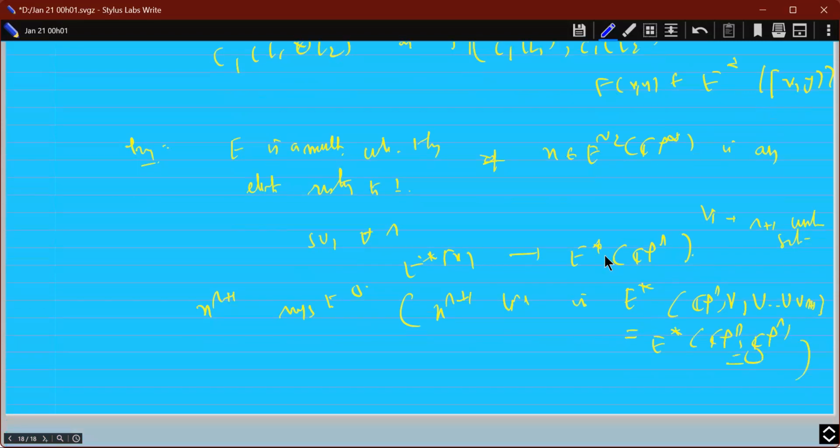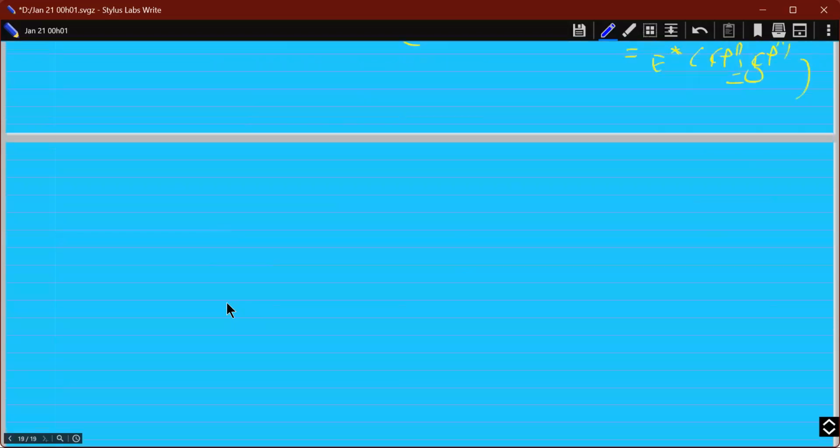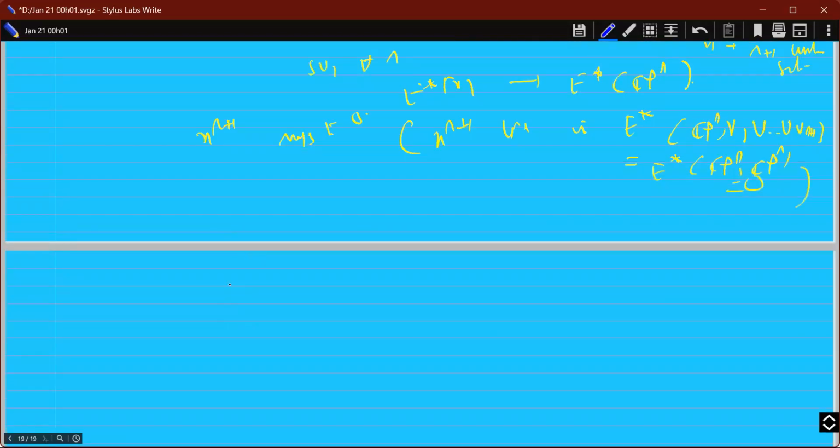Therefore, because of that, we'll have a map. And we can show that this map, in fact, is also an isomorphism. So the proof involves showing that it is an iso.